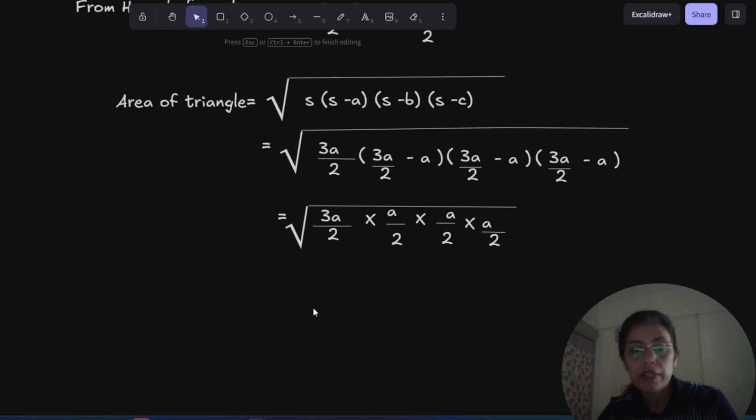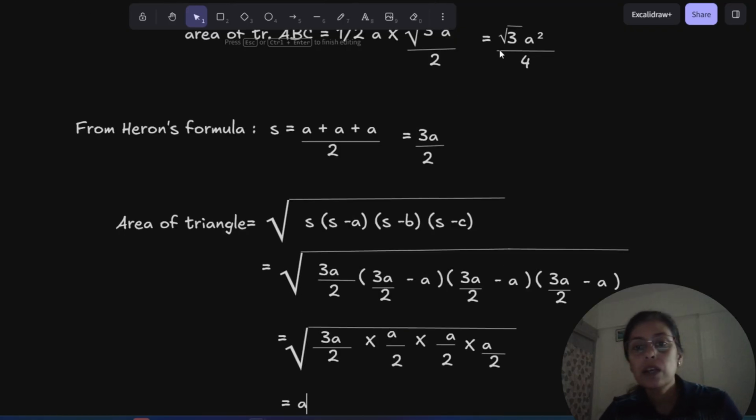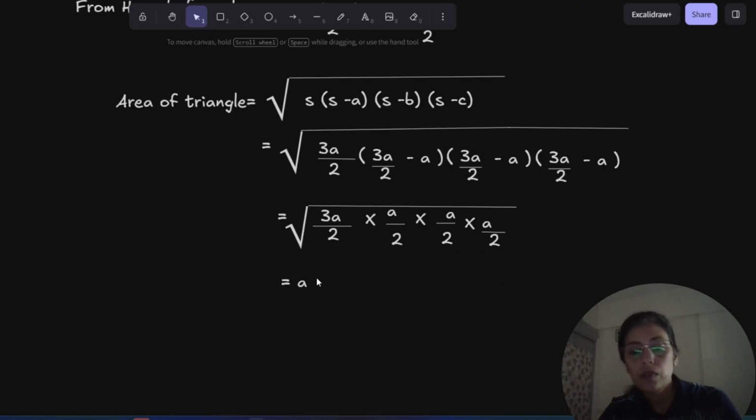So what it is coming out as, see, A into A square, A into A square. So it is basically A to the power 4. So our A square will come out of this under root. And similarly, this is 2 to the power 4.